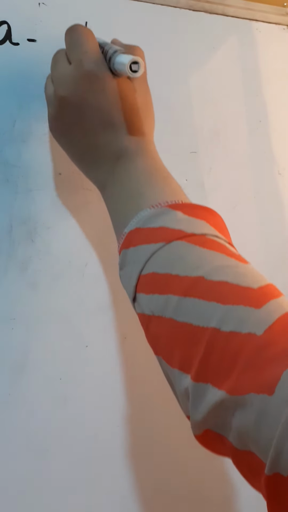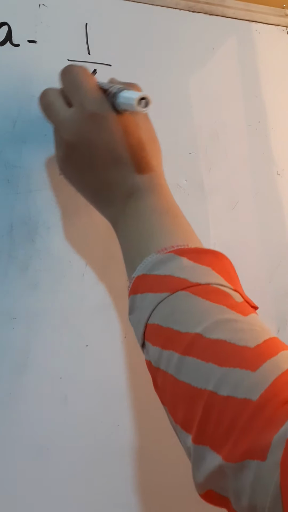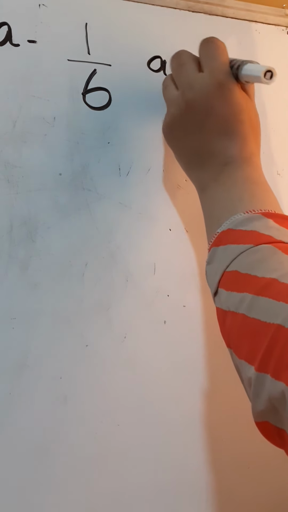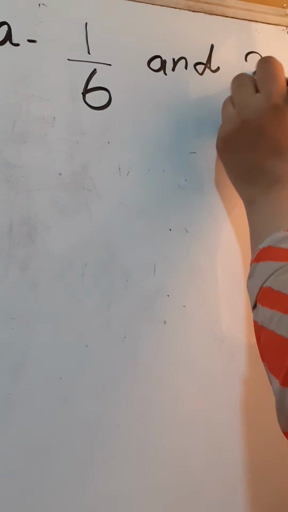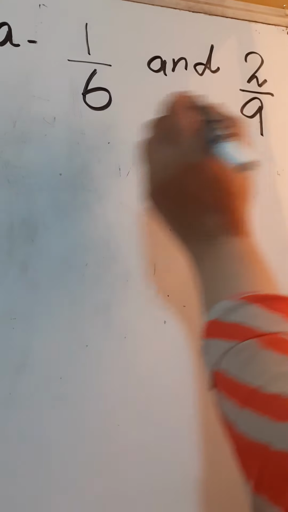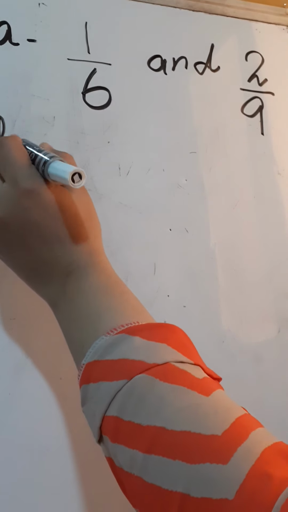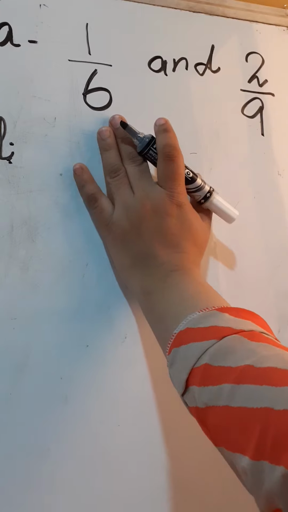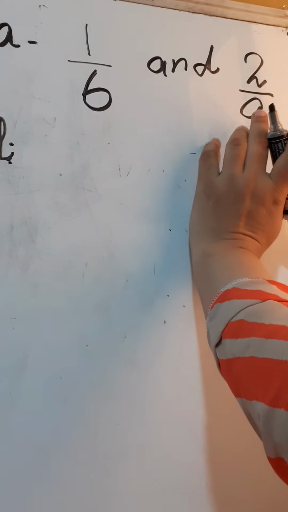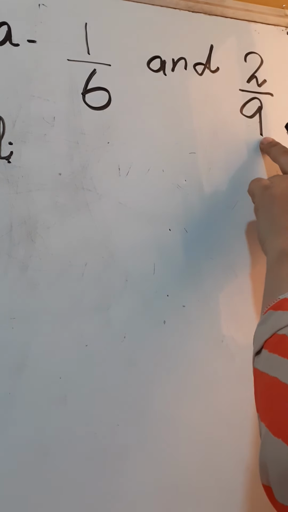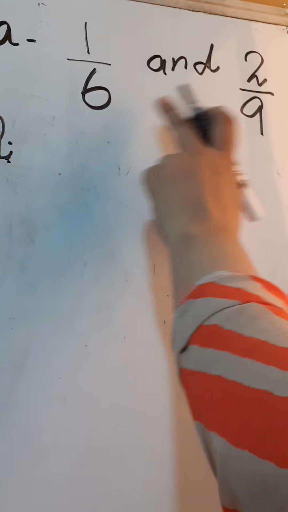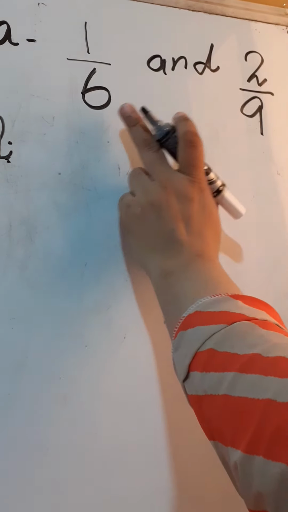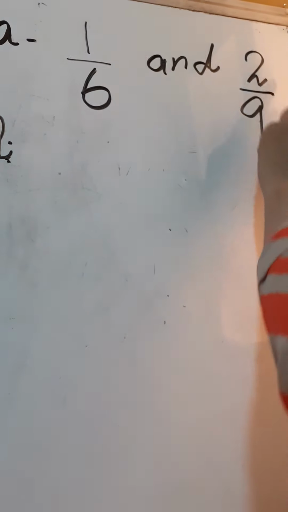The second part is 1 by 6 and 2 by 9, right? Solution. Yes class, what is this? Their denominator is 6. So we multiply this denominator up and down, and in this fraction we multiply this denominator up and down.